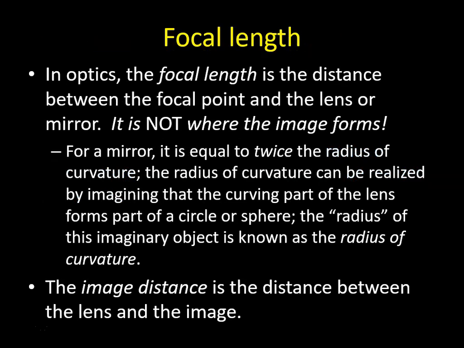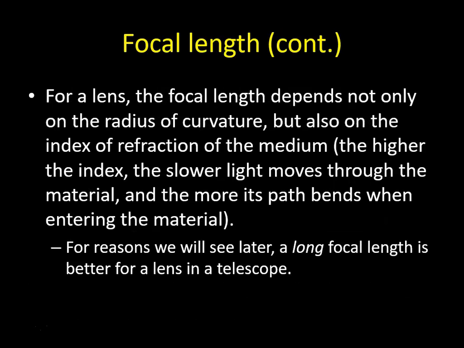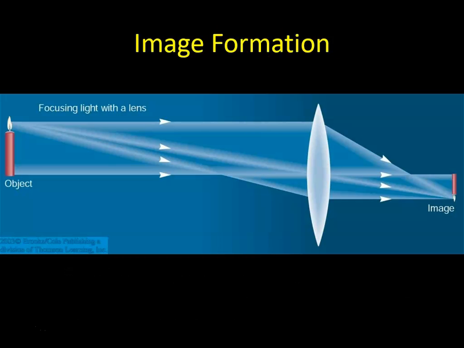So I mentioned that focal length in that last picture, but again, that's not exactly where the image forms. The distance between where the lens is and where the image forms is known as the image distance. And notice that in this diagram, the focal length is from the lens to where these rays are crossing. So the image distance is longer than that.